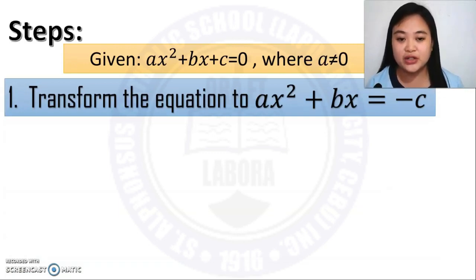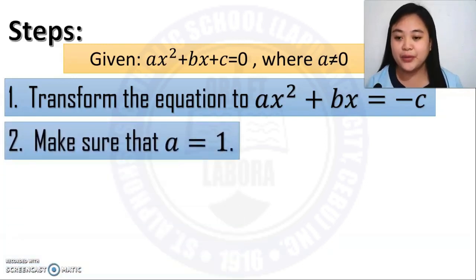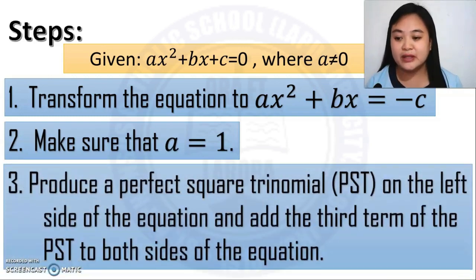Transform the equation to ax squared plus bx equals negative c. Step 2. Make sure that a is equal to 1. Step 3. Produce a perfect square trinomial, or PST, on the left side of the equation and add the third term of the PST to both sides of the equation.